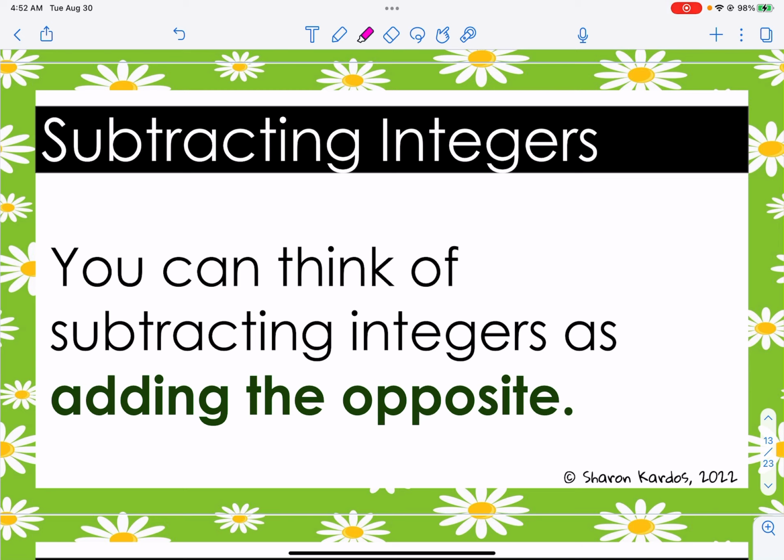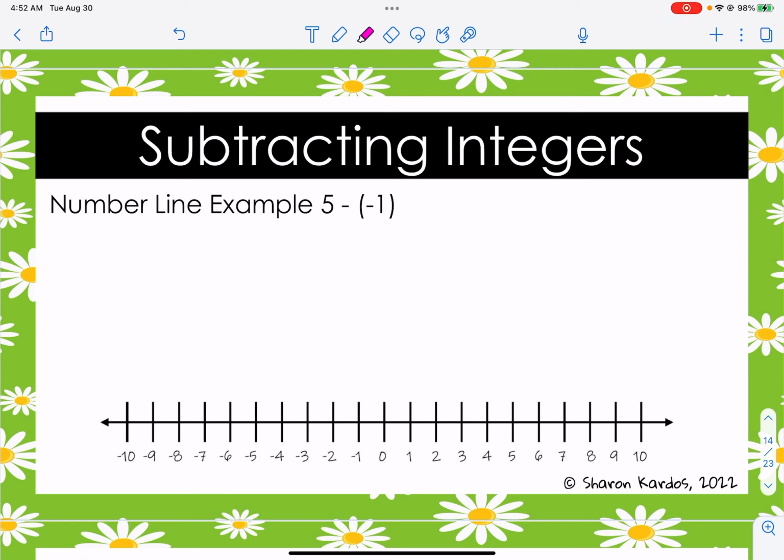So if I had this number line, because we started with number lines when we did positives, let's start with a number line this time. So the first number was positive 5, so I would draw my little arrow from 0 to 5. And then if it had been a plus problem and I was adding a negative 1, then I would have gone backwards this way 1 because it's negative.